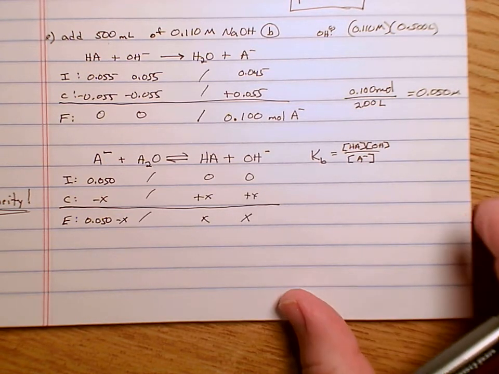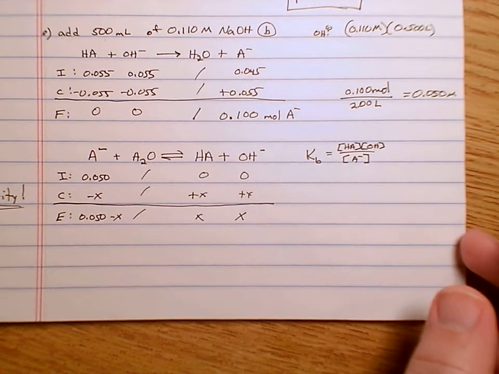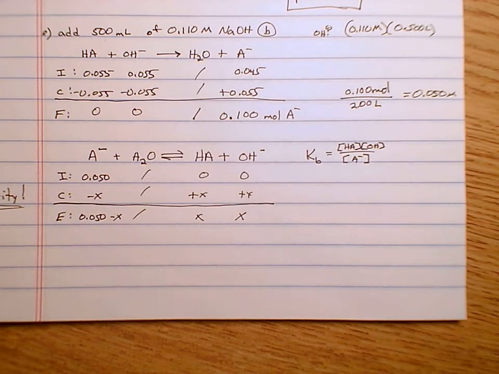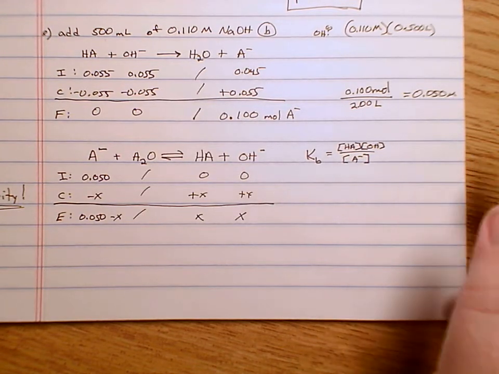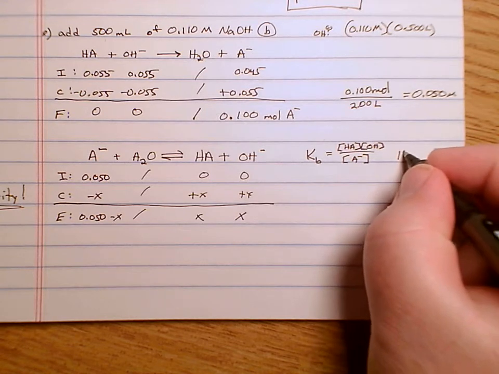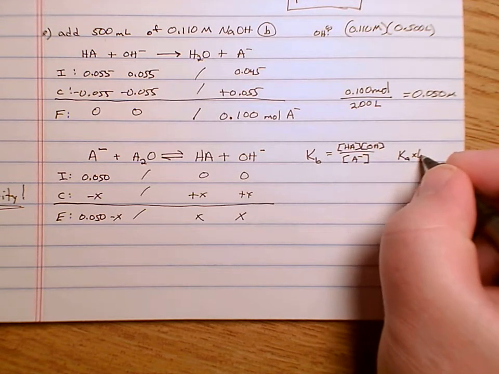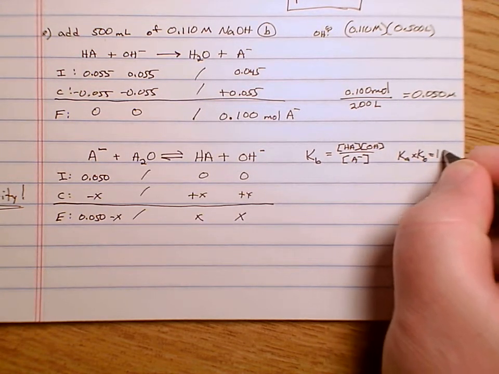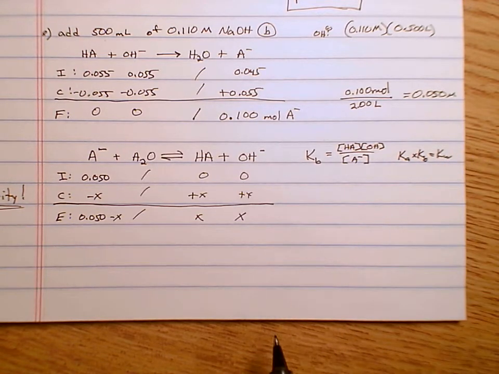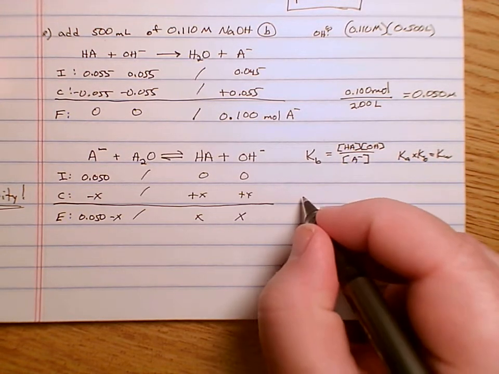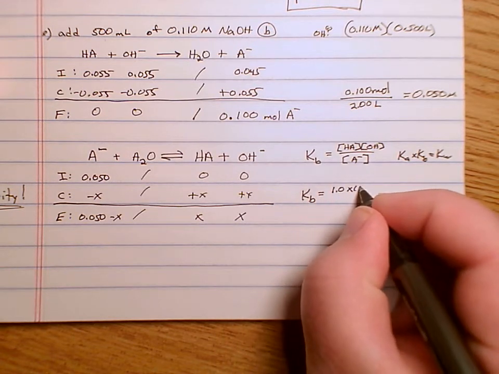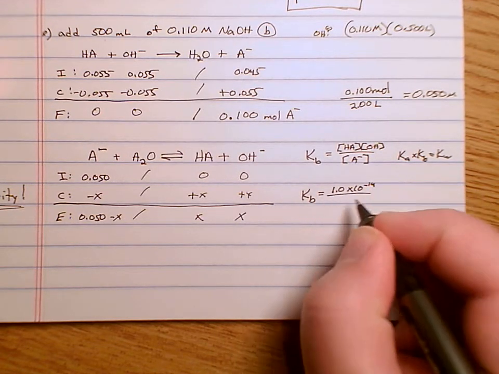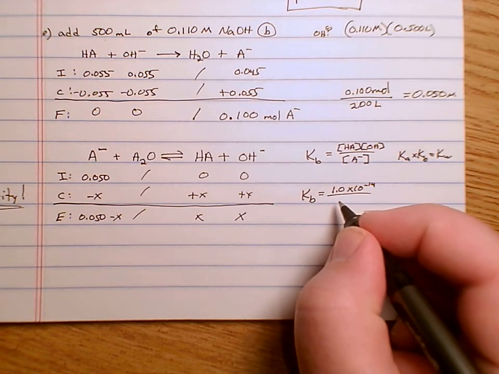But do we have a Kb? Were we given Kb? No, we were not given Kb. But since this is the conjugate base of our benzoic acid and we had the Ka of benzoic acid, we recall that Ka times Kb equals Kw. Plugging in numbers and rearranging, Kb is going to be equal to 1.0 times 10 to the minus 14th divided by, what was that number?